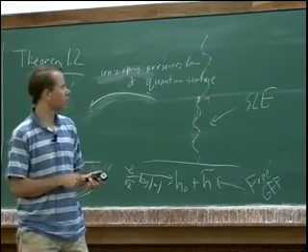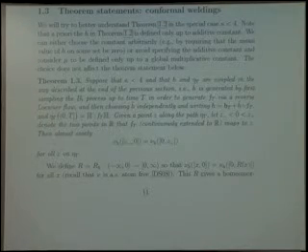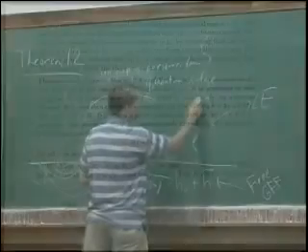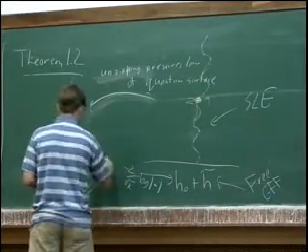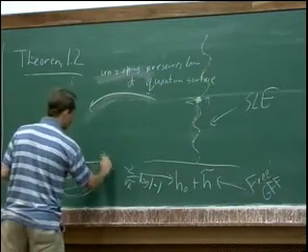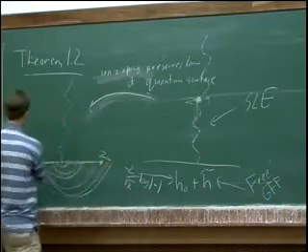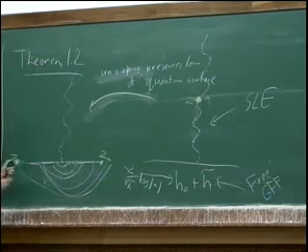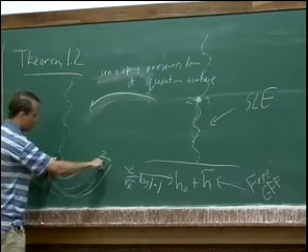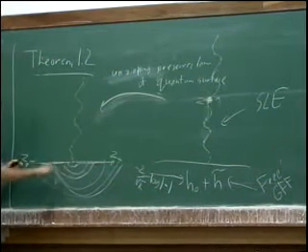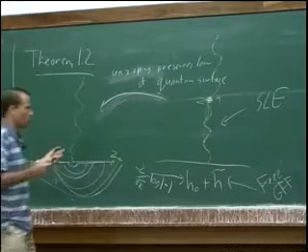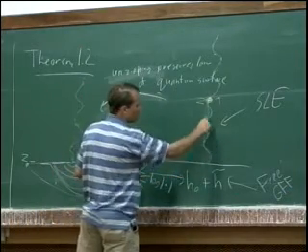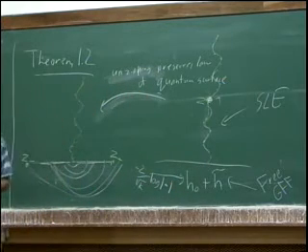Theorem 1.3 says that if you look at this construction and I look at a point, say this point here, I call it Z, and I look at its preimages down here, Z plus and Z minus, then the length of the interval from 0 to Z plus is equal to the length of the interval from Z minus to 0. In other words, the quantum length measured from the left side is the same as the quantum length measured from the right side.